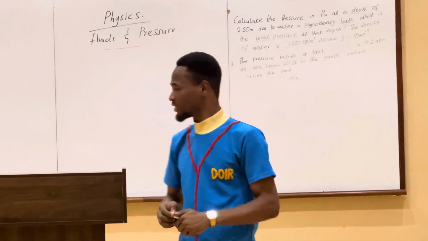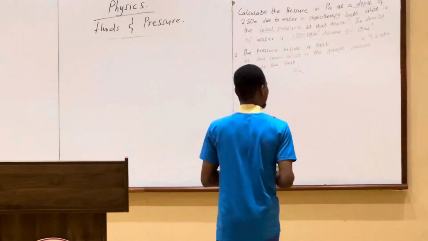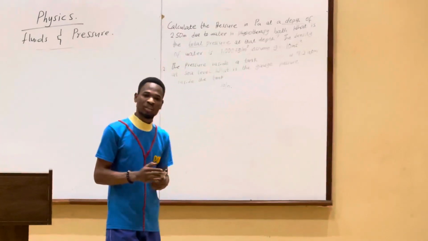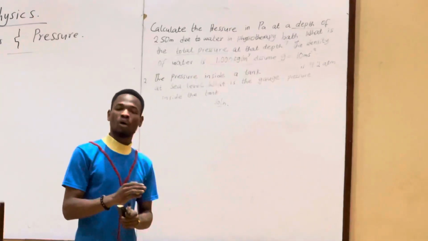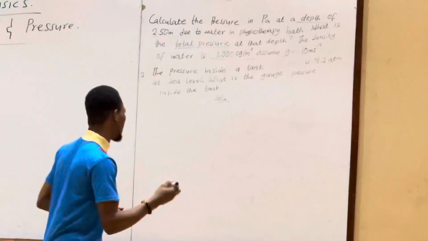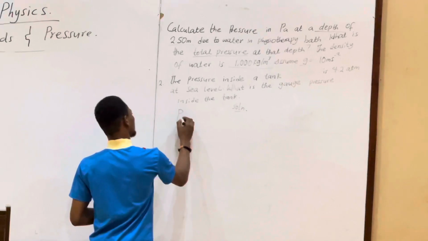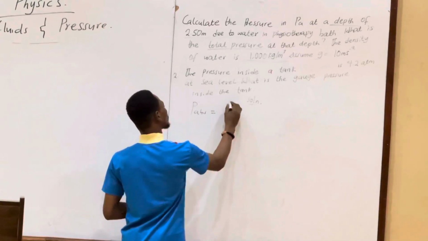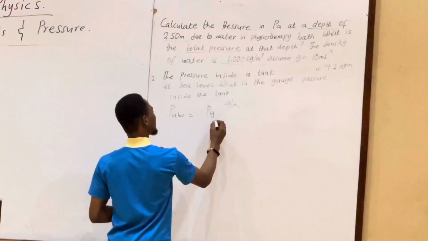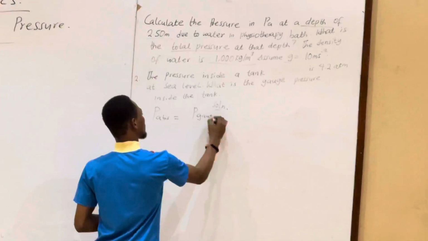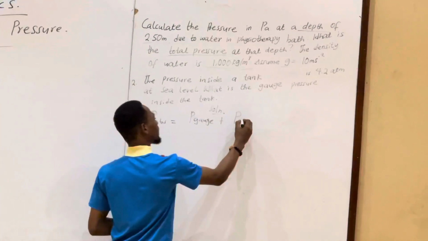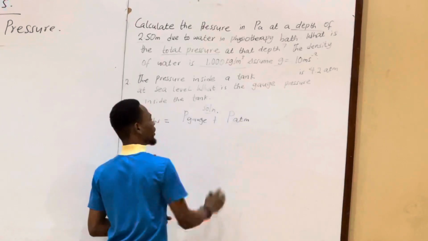So what is the relationship between absolute pressure or the total pressure and gauge pressure? You know that absolute pressure is equal to my gauge pressure plus my atmospheric pressure.